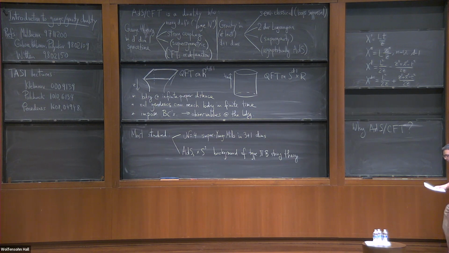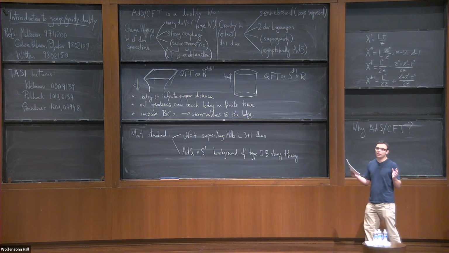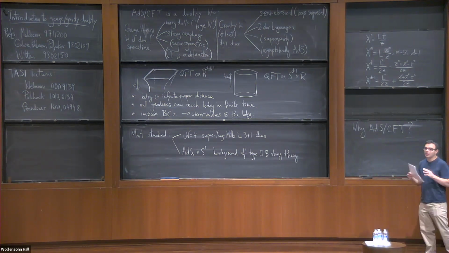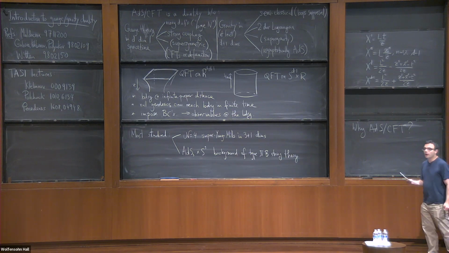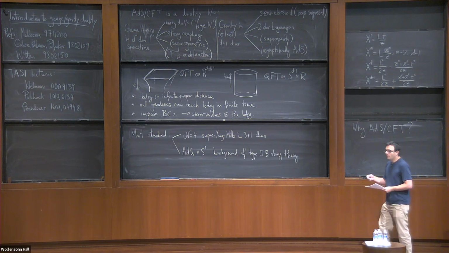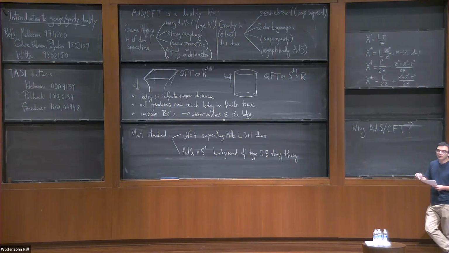One answer is that we might be interested in studying more generally the space of all quantum field theories. And in the space of all quantum field theories, conformal field theories are good starting points. One can start with a conformal field theory, and then one can deform it in different ways. For example, we can introduce some masses for those fields, or we can make some other relevant deformations.